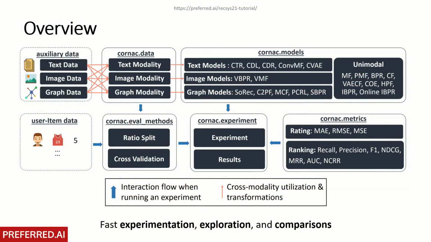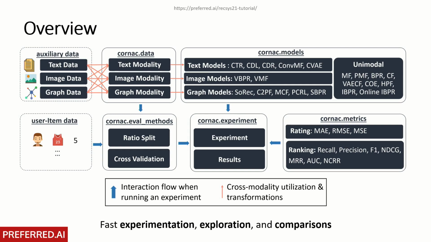Then you have the evaluation method module that helps you prepare your data to run an experiment. You have the Cornac metrics, which come with a number of commonly used metrics to assess the effectiveness of your recommender models.